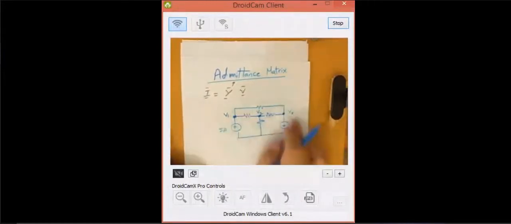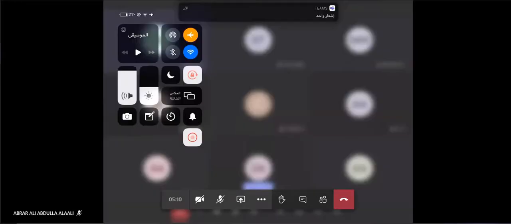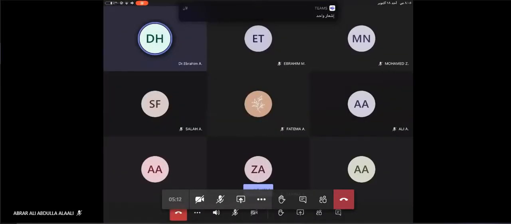But one of the nodes we are going to take as a reference, so let me say that it's our reference. And to write the matrix directly, express all R in terms of susceptance, or conductance.